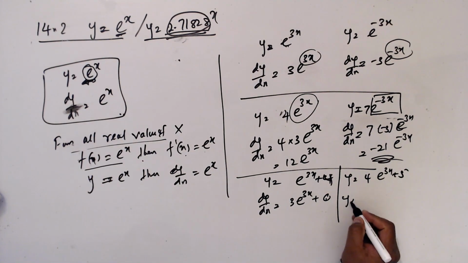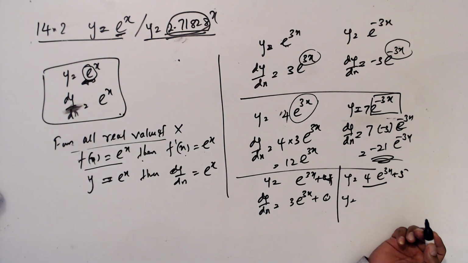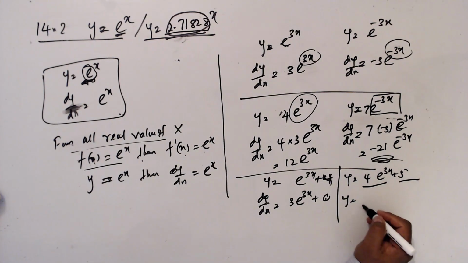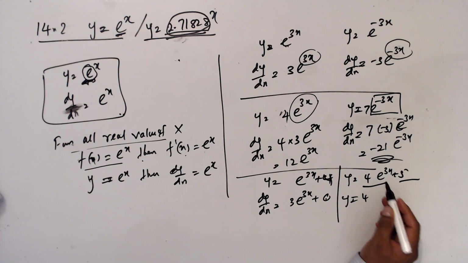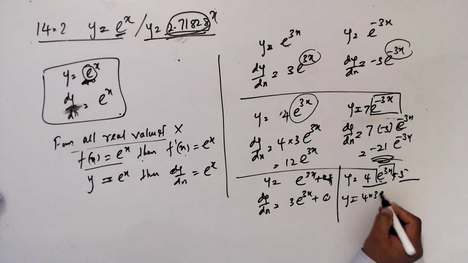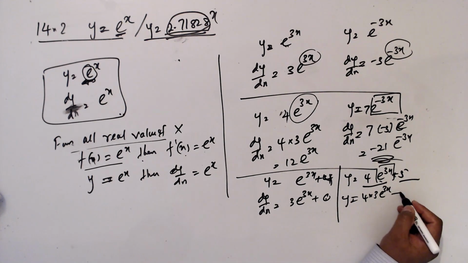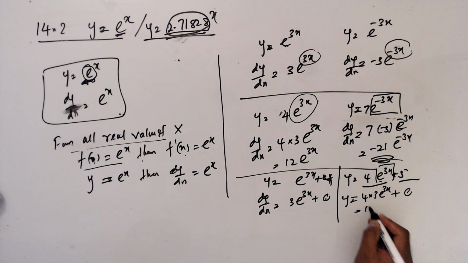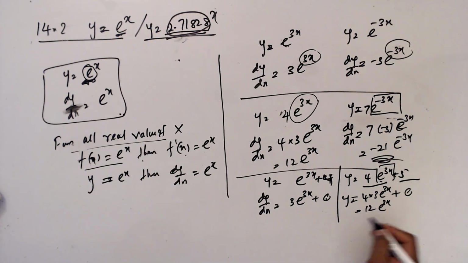Consider this one separately and this one separately. Leave 4 aside, then take the exponent. This is 3e^3x, and plus the differentiation of 5 is 0. So 12e^3x.